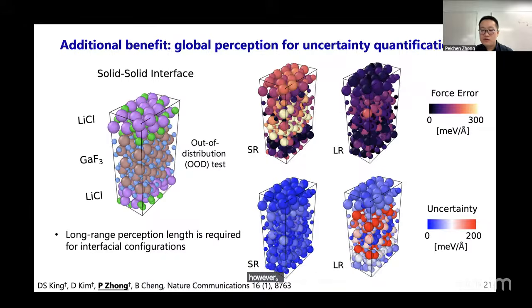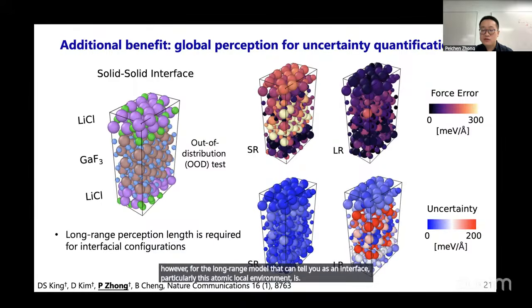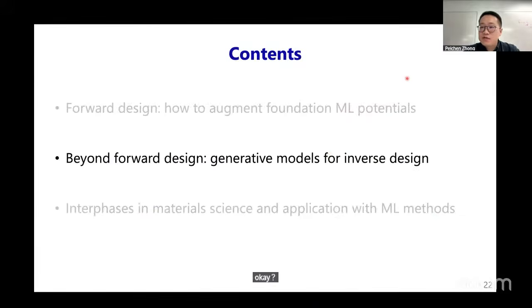However, the long range model can tell you that at the interface, this atomic local environment is not well sampled. That means you need to do more DFT to capture the local environment to improve the performance of the machine learning model.